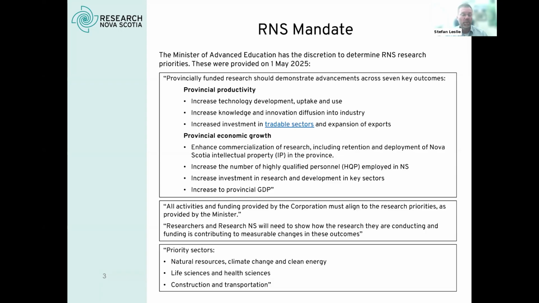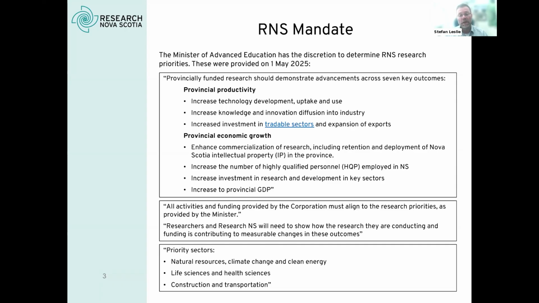And that falls, of course, both to Research Nova Scotia as an organization, but given that these changes are a result of the funding that we provide and the activities that that enables, we in turn need to identify researchers and request of them information that allows us to underscore the changes to those outcomes.